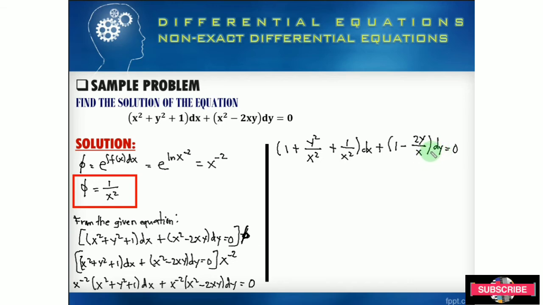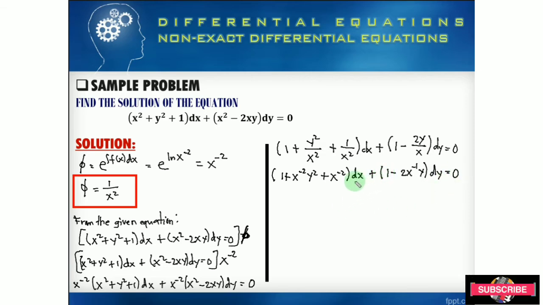Okay, then after that one, simplify, so we have here this 1 plus, we move up this x squared, so this is x to the negative 2 y squared plus this x to the negative 2 dx, plus we have here this 1 minus 2x raised to the negative 1, we move up this x also, times y, and then we have dy is equal now to 0.